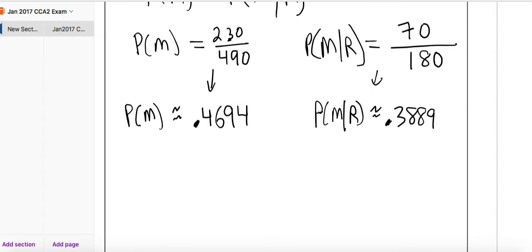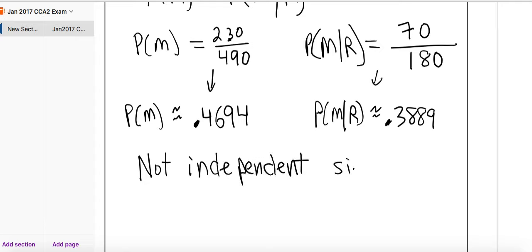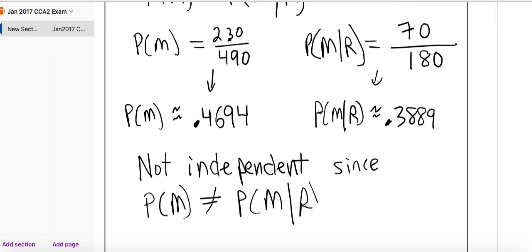So I'm just going to say not independent, since the probability of M, which is male, is not equal to the probability of male given reality series, right?